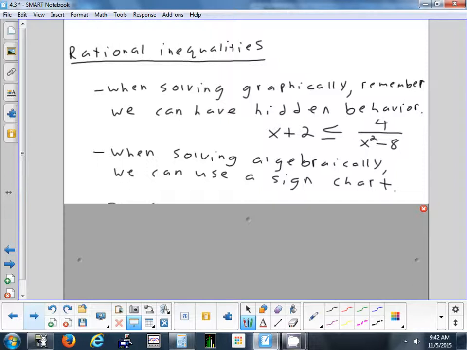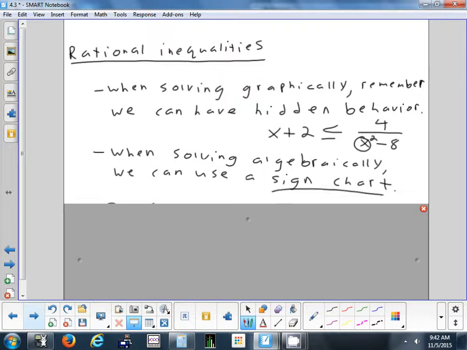Well, I have a problem if I do that. I don't know if x squared minus 8 is positive or negative. If it's positive, I wouldn't have to do anything to the sign. If it was negative, what would I have to do to the sign? Flip it. But there's no way to know. You have a variable. That's why when you're doing inequalities, you can't use the same technique as with an equation. You don't know if you should flip the sign.